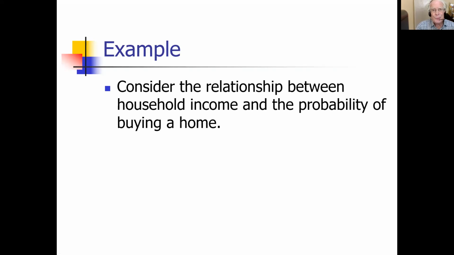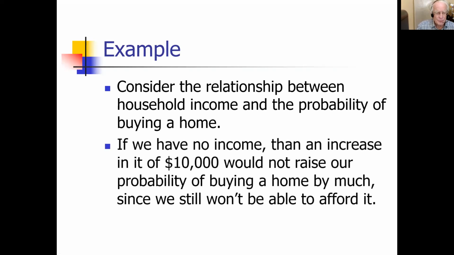So here's an example that considers the relationship between household income and the probability of buying a home. Let's consider what may happen in two extreme cases.